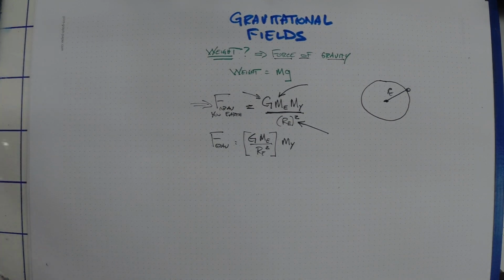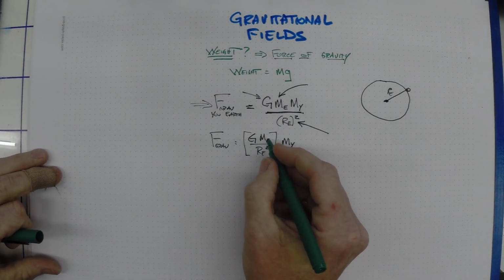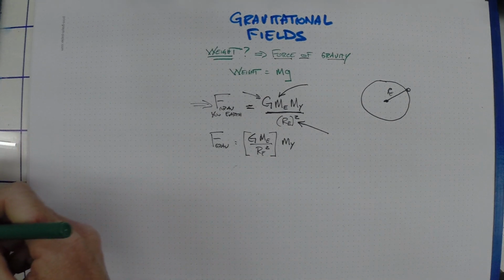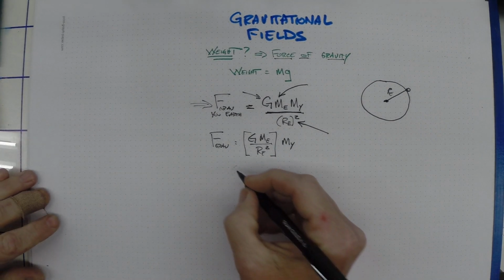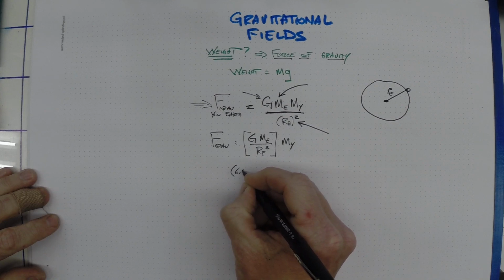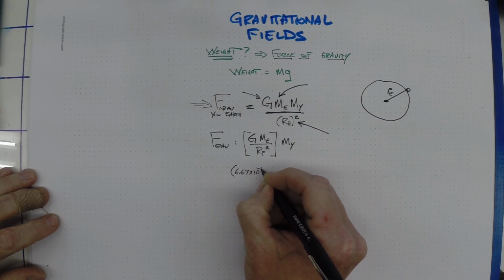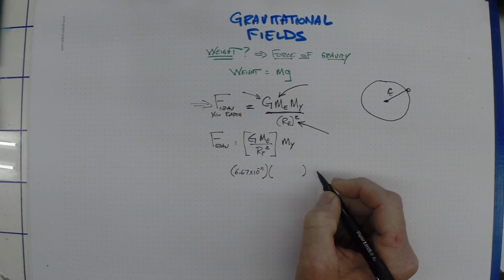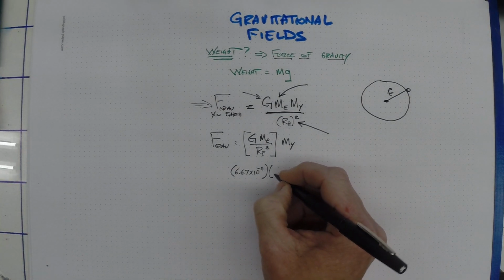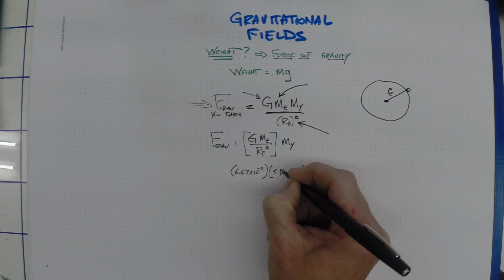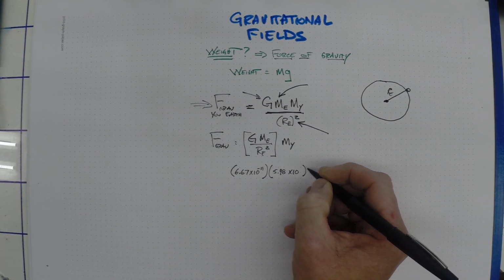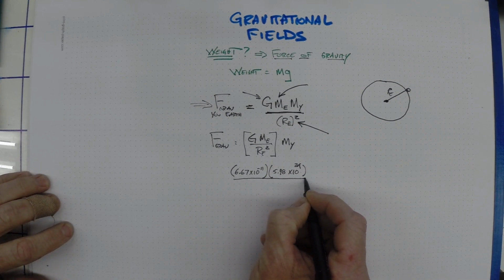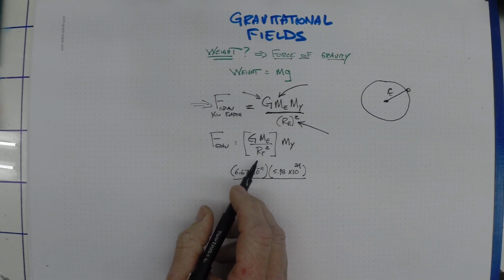Okay, so the book I'm using, G, of course, capital G, is 6.67 times 10 to the negative 11th. Mass of the Earth, according to the textbook I'm looking at here, is 5.98 times 10 to the 24th kilograms, divided by the radius of the Earth in meters.